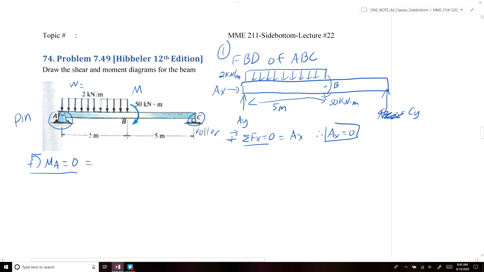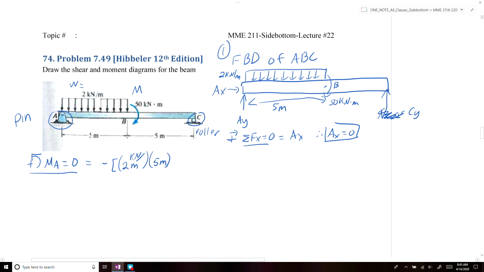If we do that, we'll end up getting a negative moment due to our distributed load. So we'll say that our distributed load has a magnitude of 2 kilonewtons per meter times 5 meters.